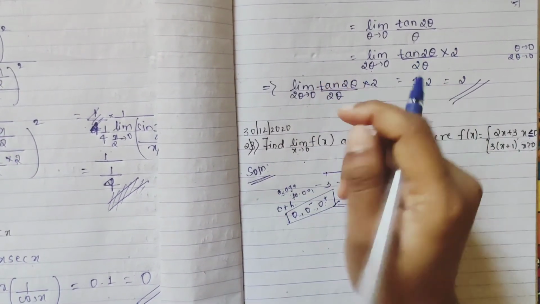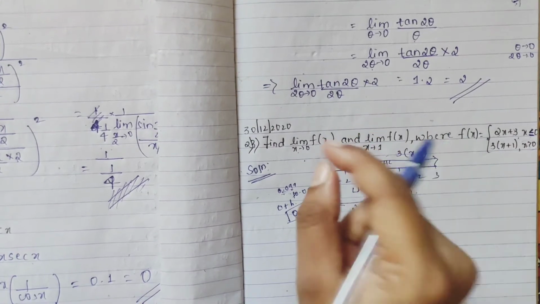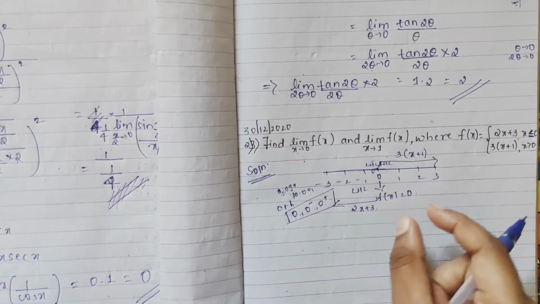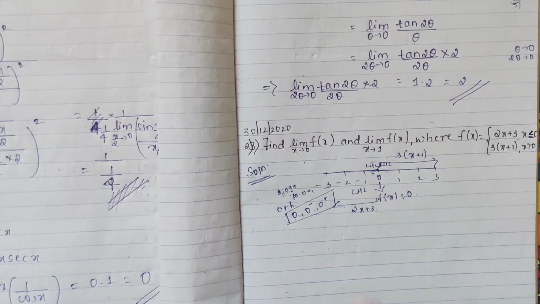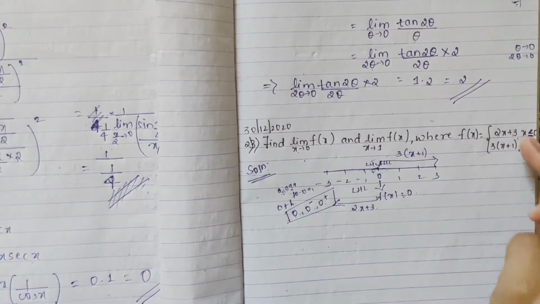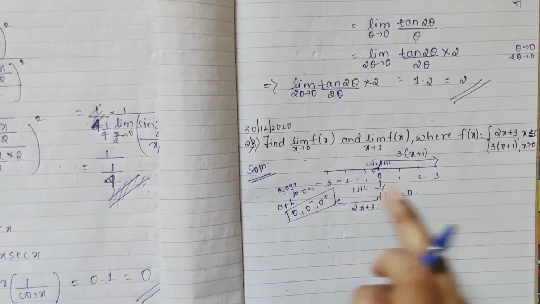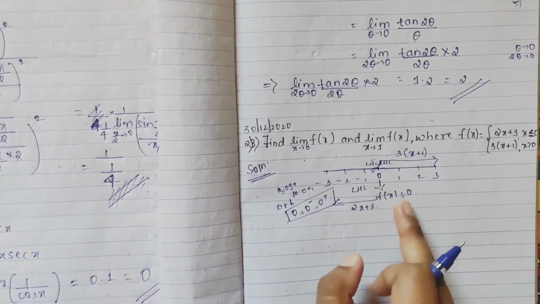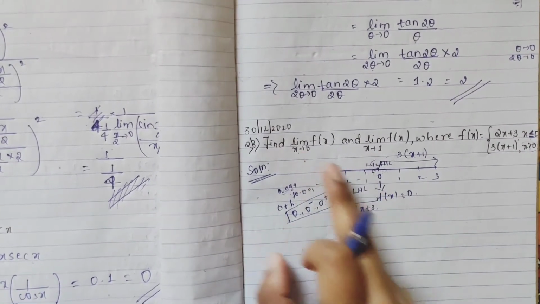In your part 1, you had only one function, and you were directly substituting at 0. But here they are asking you to check the existence. Whenever you have a branched function, you have to go for LHL and RHL at the point which they have given.